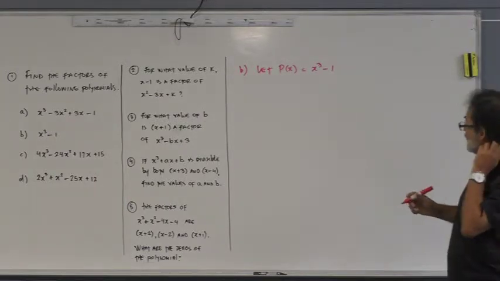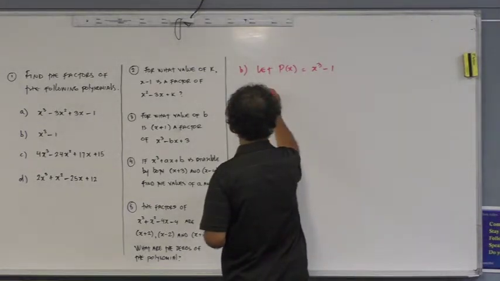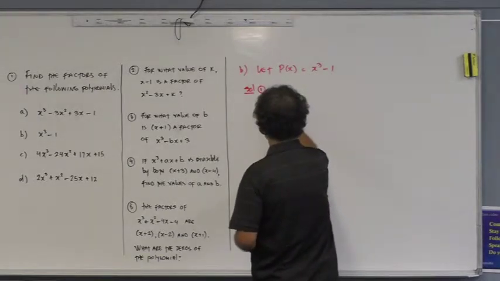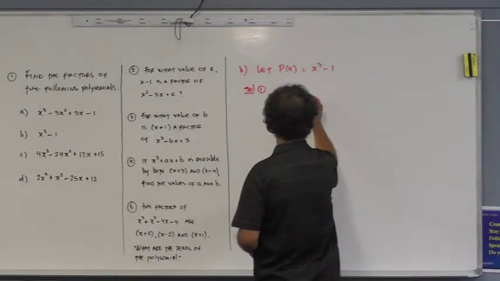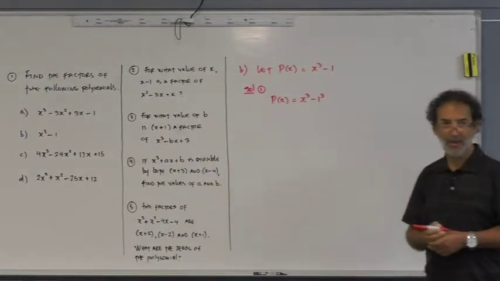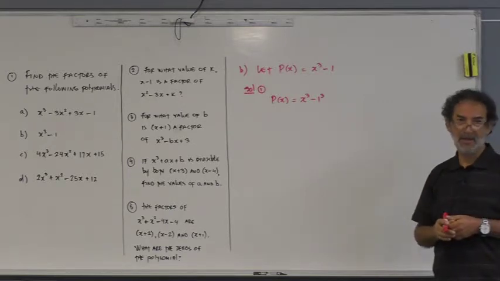So I'm going to say solution 1. We have p of x equal to x cubed minus 1 cubed, and then we can use the formula for the difference of two cubes.